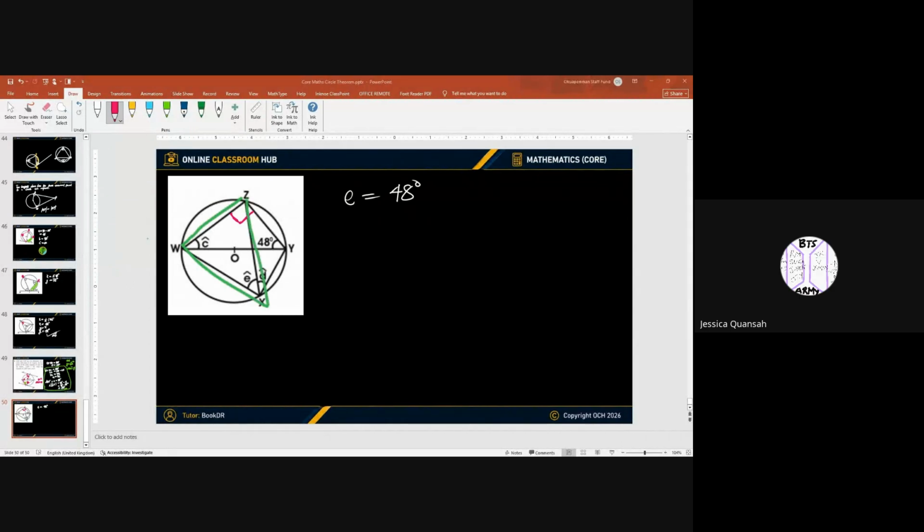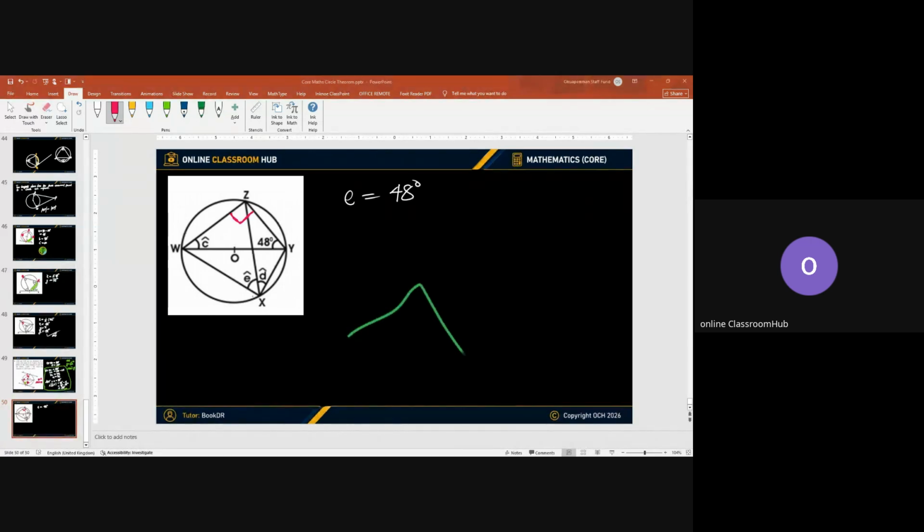So 90 plus... where are you picking the 90 from? The pink angle. And that 90 is from which line to which line? Which two lines meet to form that 90 degrees?